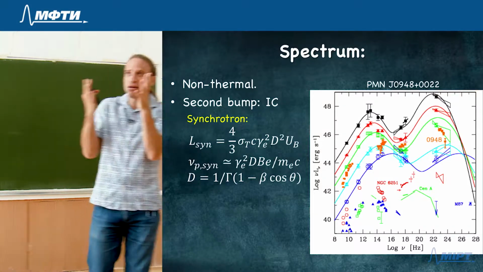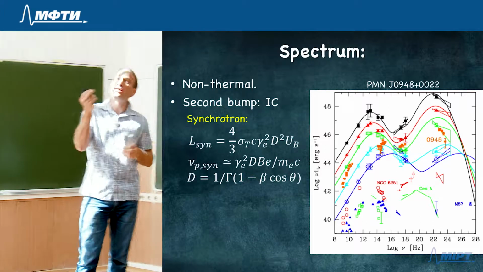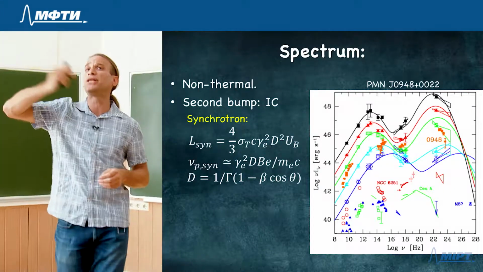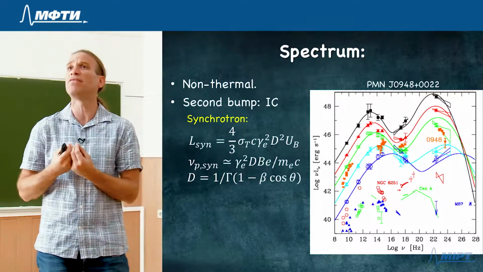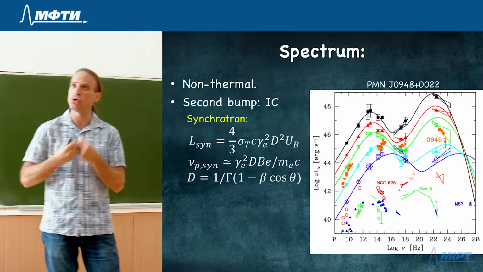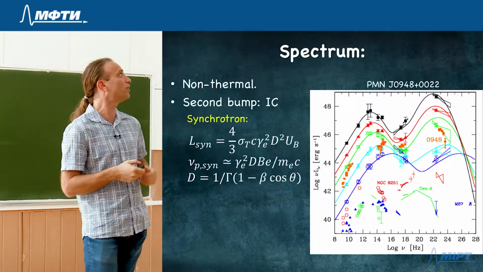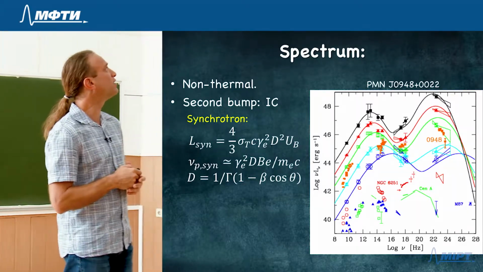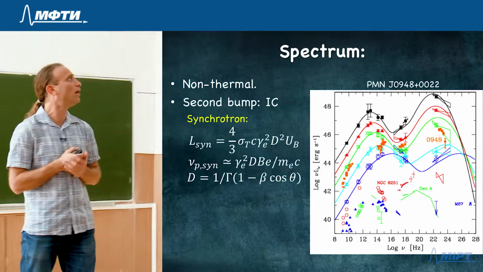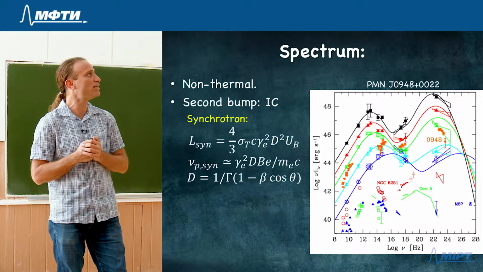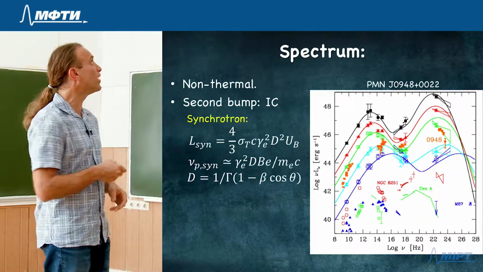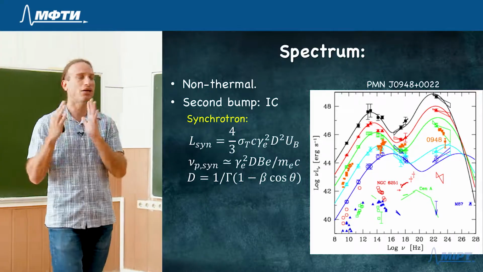And inside the flow, if the particles are accelerated to relativistic velocities, we have random motions of the particles, which can also be relativistic, and this is the small gamma. So this is the gamma of the electron. So we have two types of Lorentz factor here. The synchrotron frequency is basically obtained from both the random motion of the electron and the bulk motion of the entire flow.